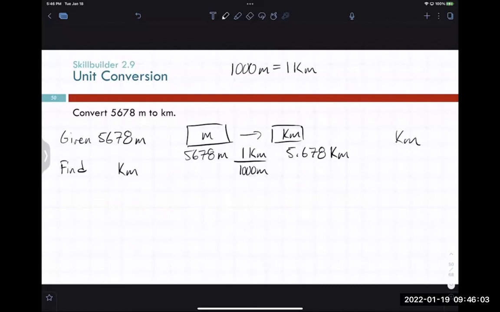And here, because we have 4 significant figures, our final answer also has 4 significant figures.